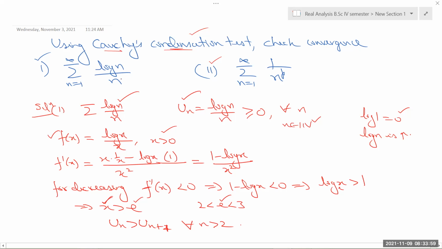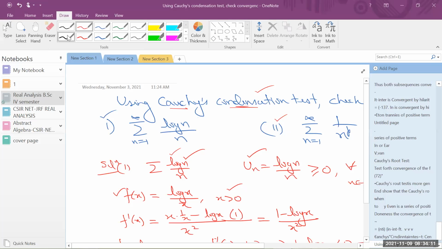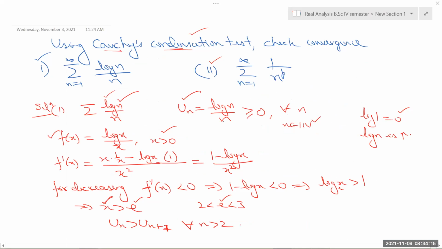So let's first look at this series, log n by n. First of all, we need to write its nth term. One can observe here that its nth term Un is given by log n by n. First of all, you need to check whether each term is non-negative or not for every n.